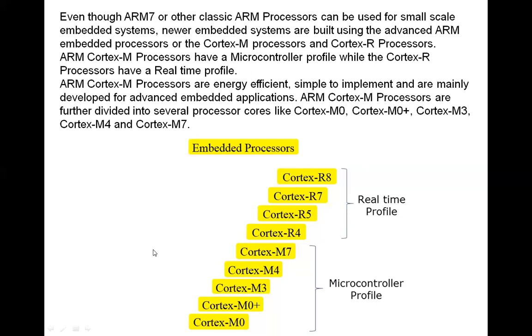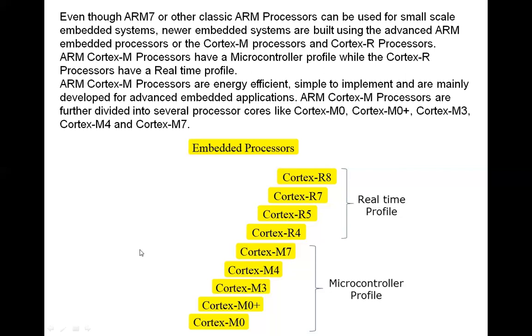ARM Cortex M processors are divided into several cores like Cortex M0, Cortex M0 Plus, Cortex M3, Cortex M4, and Cortex M7. These are the microcontroller profile embedded processors.